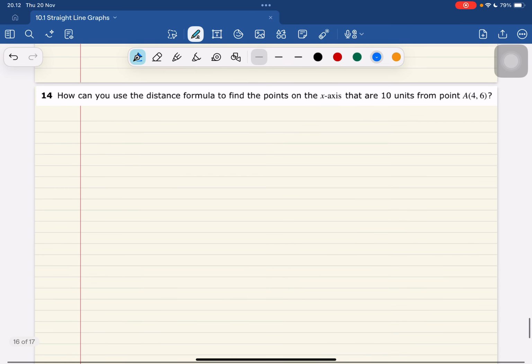Now question 14. How can you use the distance formula to find the points on the x-axis that are 10 units from (4, 6)?